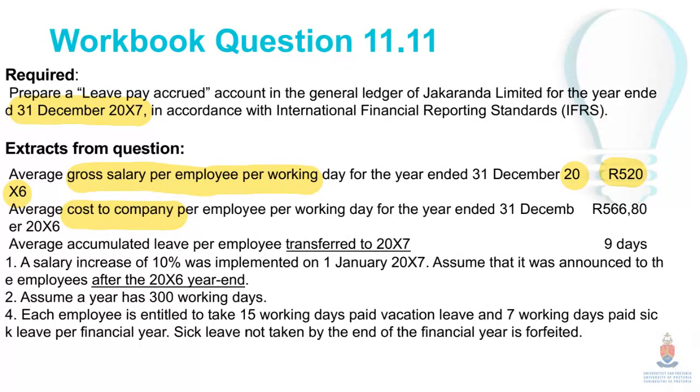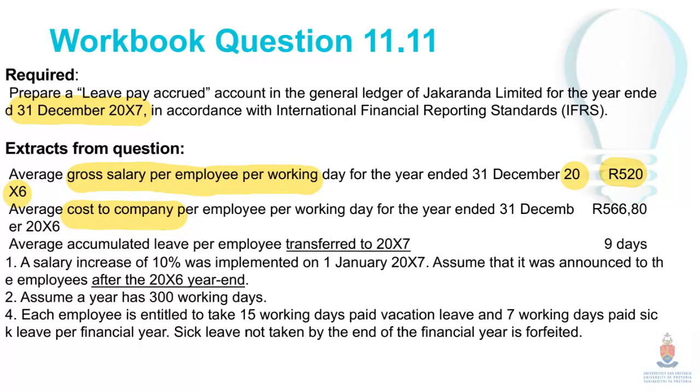What would you write there? Pop it in the chat. Right, used or taken, that's correct. Leave taken, yes, that's correct. So that's what I need you to write down there in your question.